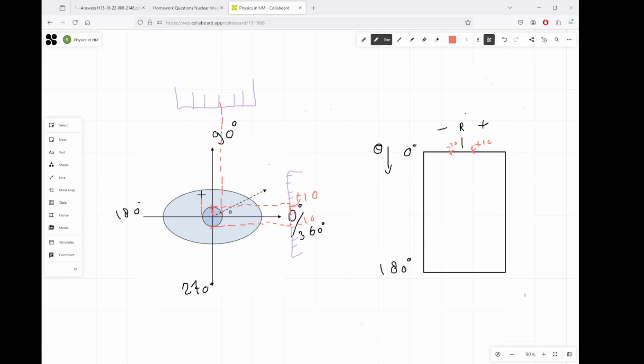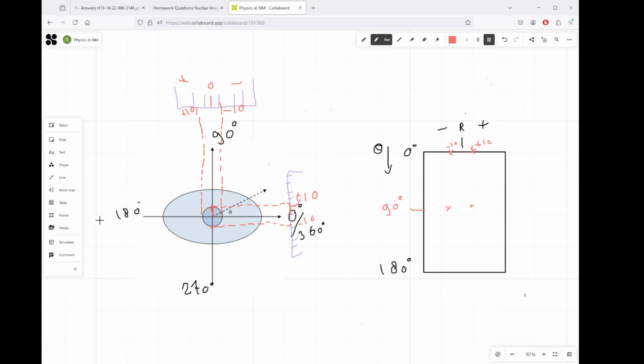Here we have again minus 10 and this is plus 10, because this is the minus side of the detector, this is the plus side of the detector, and the detector is at the origin. Keep that in mind. So at 90 degrees, we have again a mark here and a mark here.